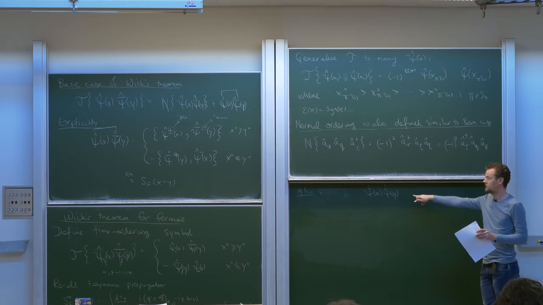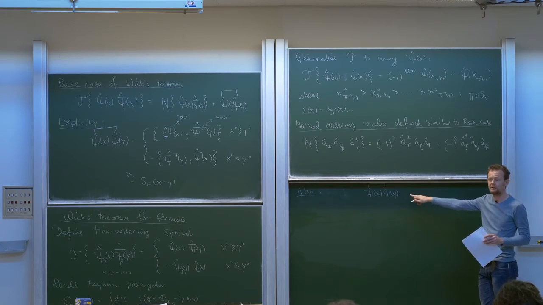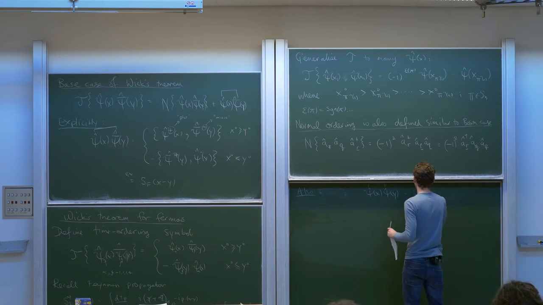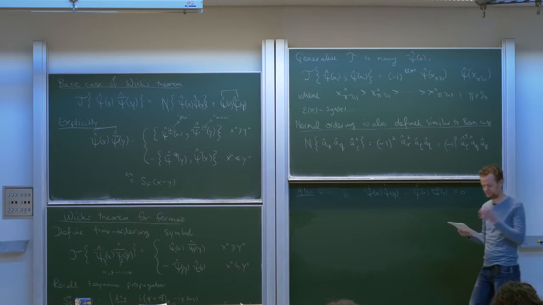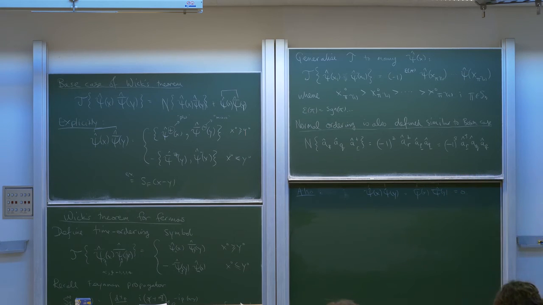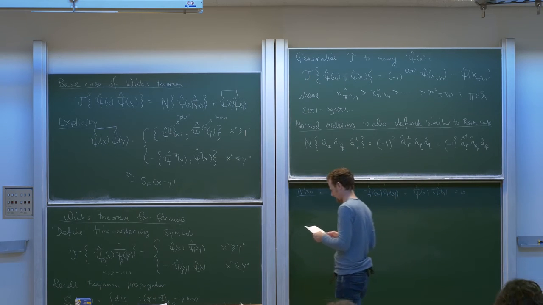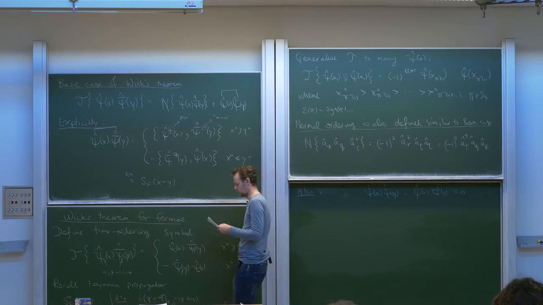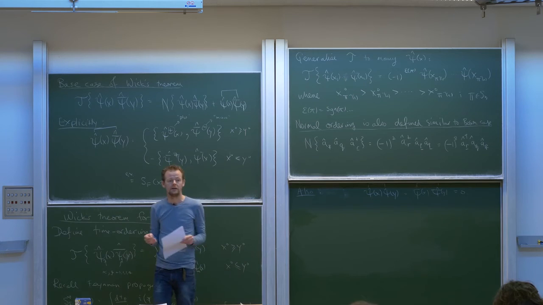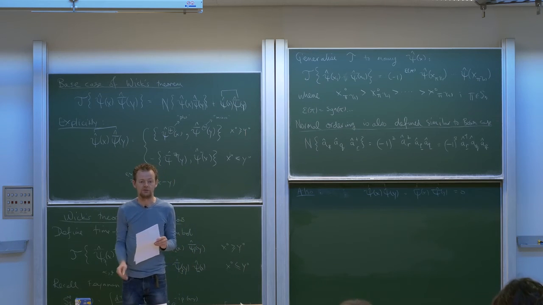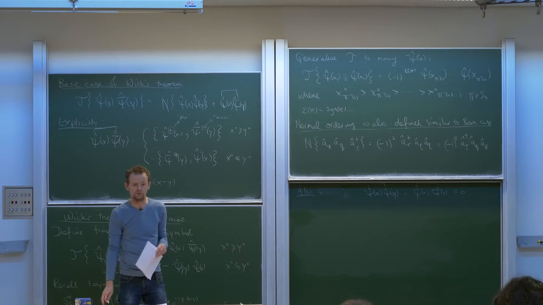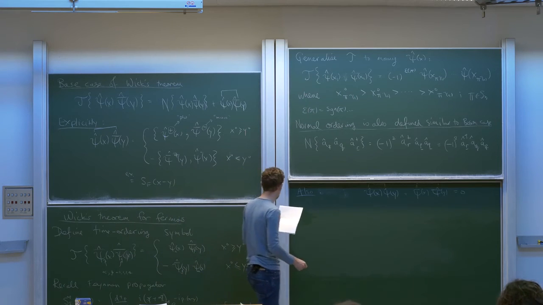Well, that you can calculate is equal to zero. So with that, we actually have enough material now, I think, to extend the normal ordering definition sufficiently that we can write out the general form of Wick's theorem for fermions.